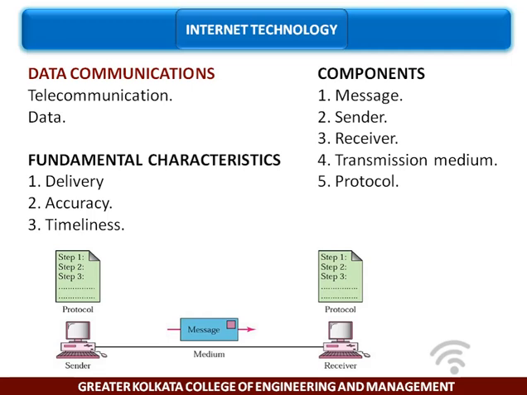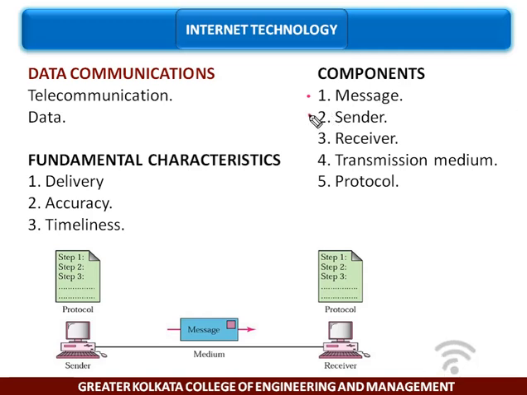Now, what about the message? Message is the information, that is the data, to be communicated. Popular forms of information include text, numbers, pictures, audio, and video. So, what you would like to transmit over the medium.